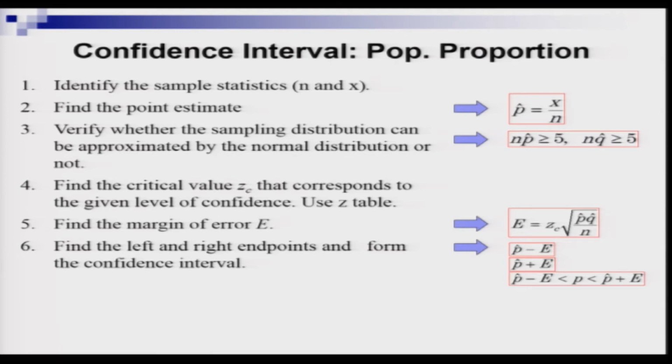And once we get this E, the next step is to find the left and right endpoints of the confidence interval, and that is basically done by subtracting E from p hat, which will give me the left endpoint or the lower limit of the confidence interval, and then if I add E to p hat, that will give me the right endpoint or the upper limit of the confidence interval, and finally the confidence interval has to be written in one compact expression, and that is basically the last box that is showing you.